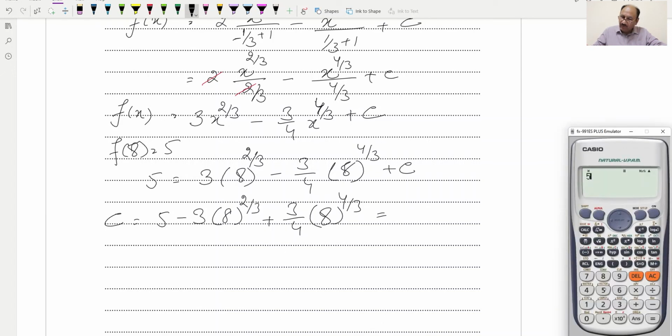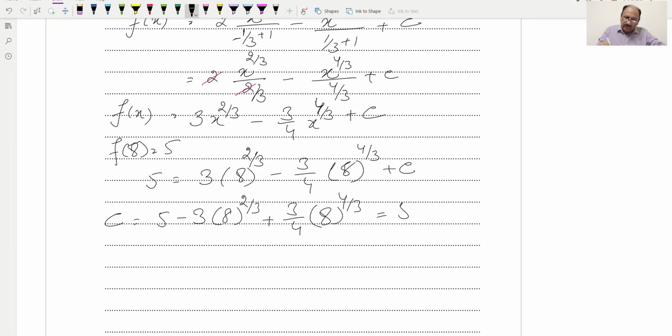This we can check with the calculator. 5 minus 3 into 8 raised to the power 2/3, and next is plus 3/4 into 8 raised to the power 4/3, and this is equal to 5. So the c value is 5.